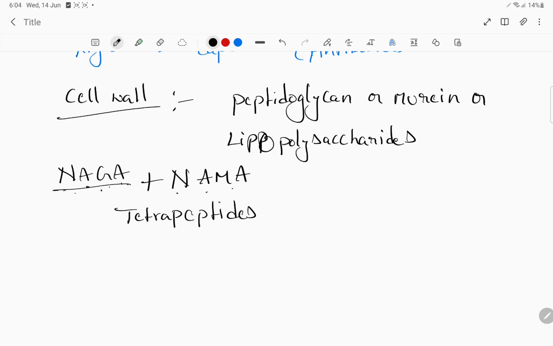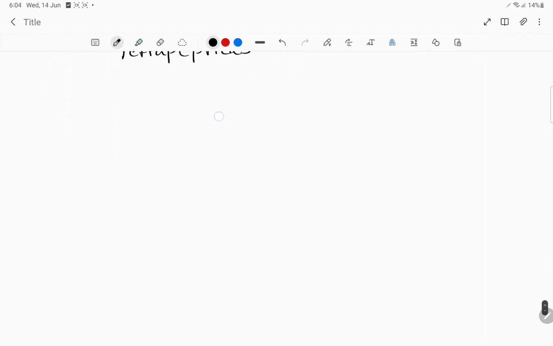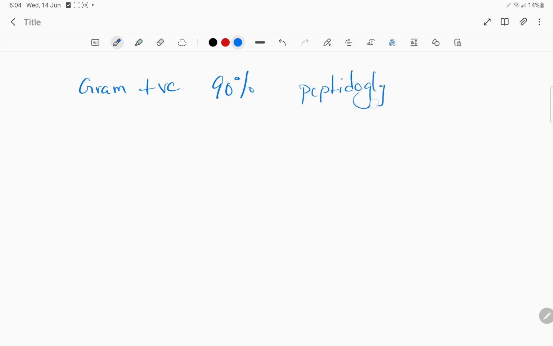In gram positive, 90% is peptidoglycan and 10% is lipopolysaccharide.